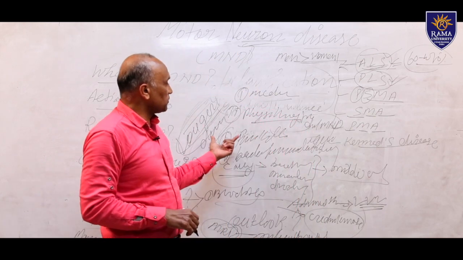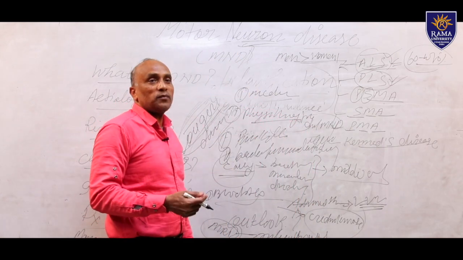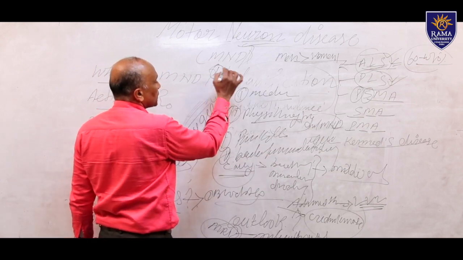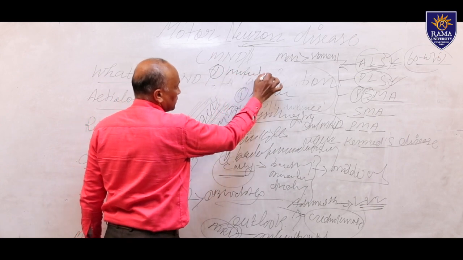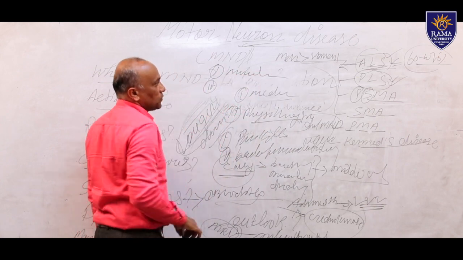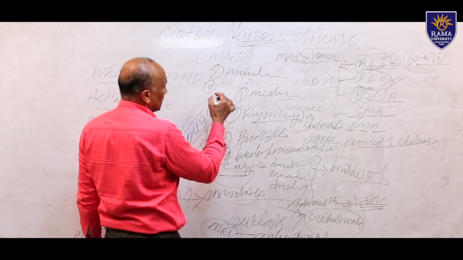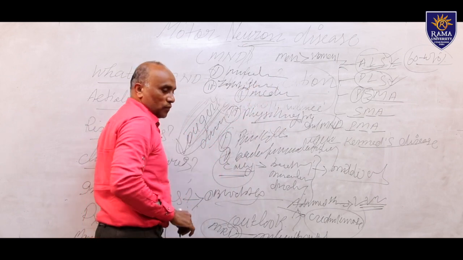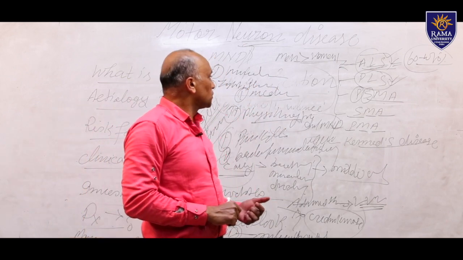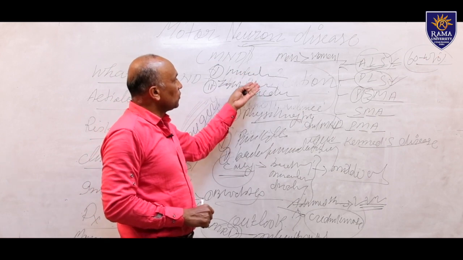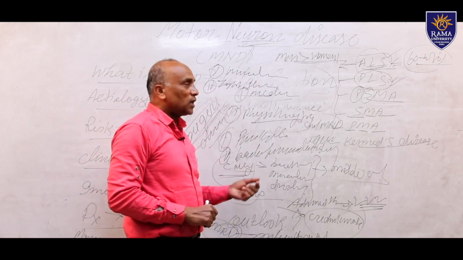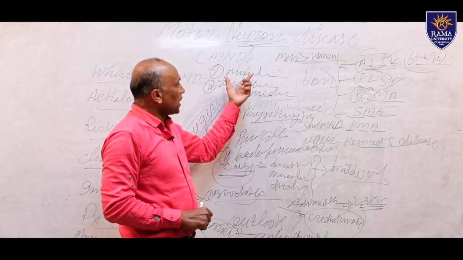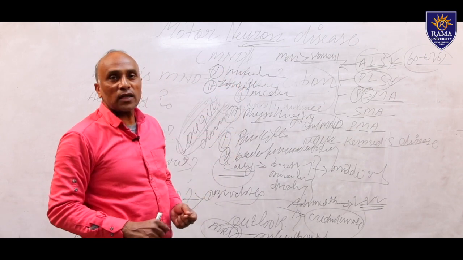Next management is physiotherapy. In physiotherapy management, we have to focus on muscular weakness, and also on any kind of tightness or stiffness. For this we do exercises in the form of stretching and strengthening, which help in the management of the muscular system.